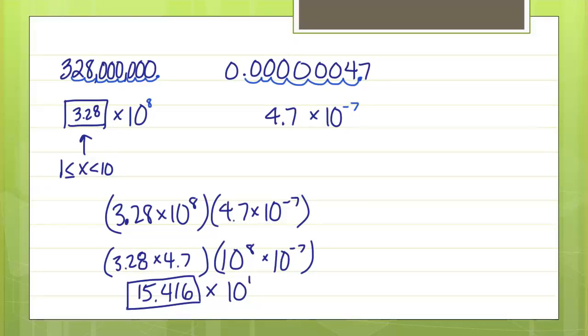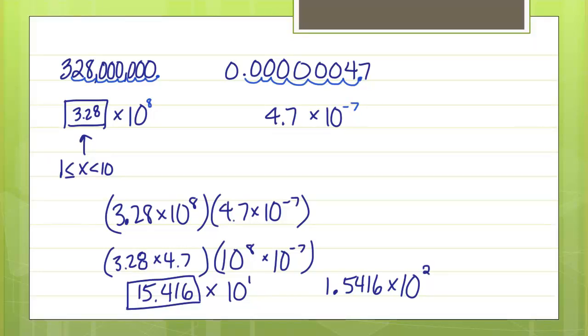So to get that into scientific notation, I know it's going to end up being 1.5416, and then we have to figure out which way the decimal is moving. Well, I have 15, and I'm making it smaller, so my exponent has to get bigger, right?